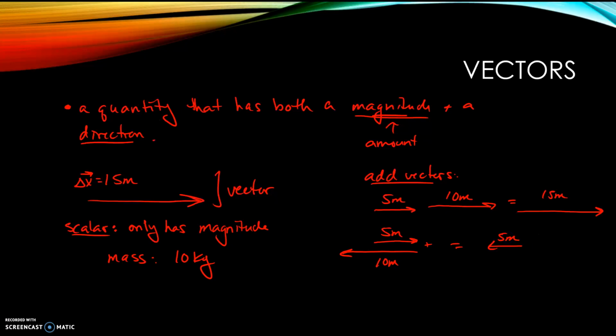Very often we use the cardinal directions, so we'll say this is north and that's south, this is east and that's west, and so we would say it's 5 meters to the west. If they're pointing in the same direction, when we add them together, you add the magnitudes. If vectors point in opposite directions and you add them together, you need to subtract those two magnitudes. Just keep that in mind as we go forward.